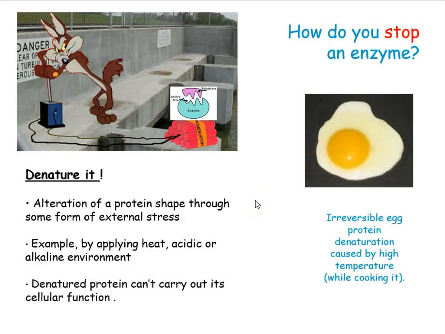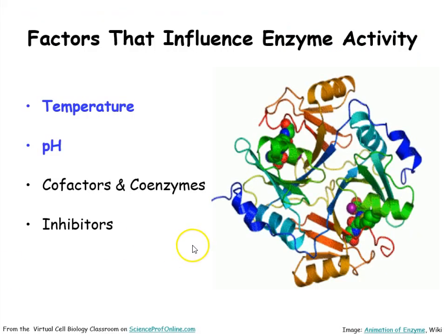There are ways of stopping an enzyme from working, and we know that anything that denatures a protein is going to denature an enzyme because an enzyme is just a specialized type of protein. So the things that can cause it to stop working are temperature and pH, and there are a few other things that can stop enzymes from working too.